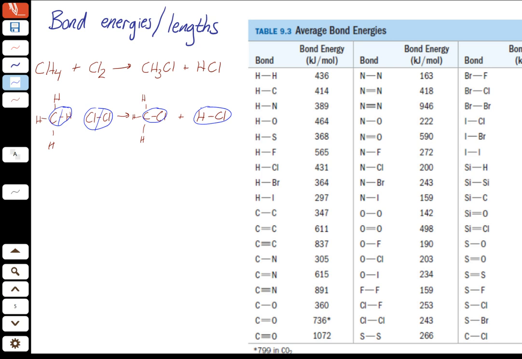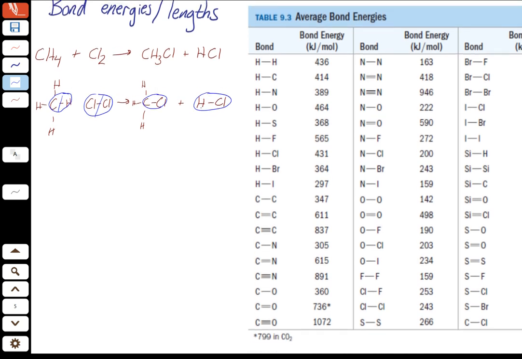So we can actually find the overall energy of this reaction. Is it exothermic? Is the energy given off? Is it endothermic? Is energy taken in? We can figure that out by just looking up these numbers and adding and subtracting. So let's do that here. A CH bond is 414 kilojoules per mole.